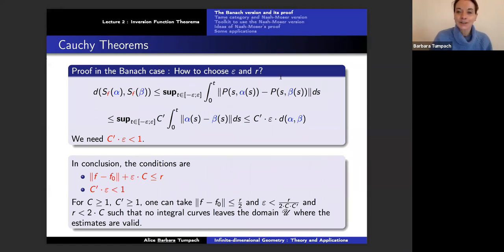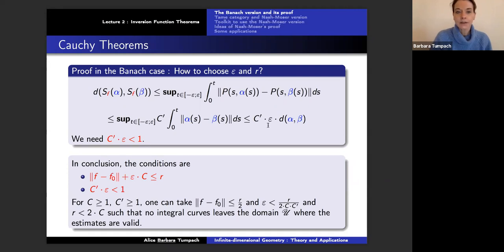And now we use a Lipschitz estimate. So the norm of P at alpha minus P at beta is less or equal to C prime, which is a Lipschitz constant, times the difference between alpha and beta.